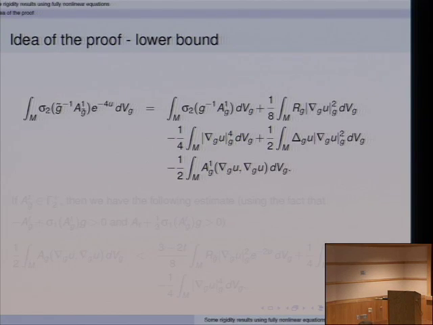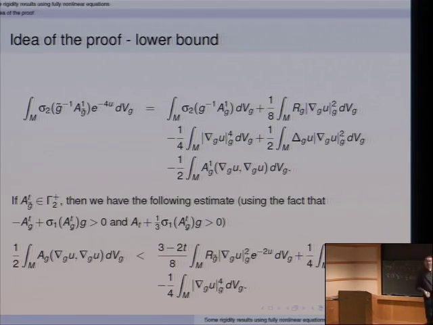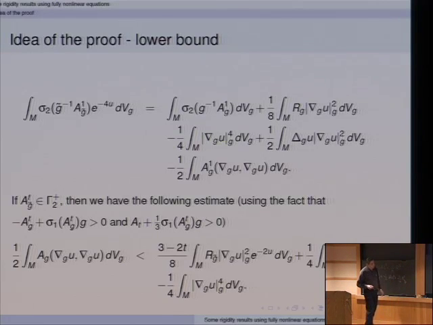So you have this bad expression. If you know that the Schouten tensor with parameter t, which is not exactly the Schouten tensor, but let's call it the Schouten tensor with parameter t, is in Gamma_2^+, Gamma_2^+ is the set for which the trace sigma 1 and sigma 2 are positive.